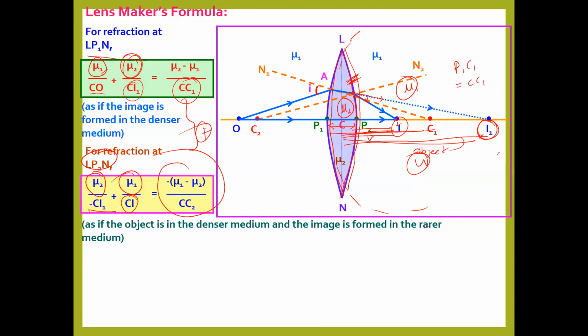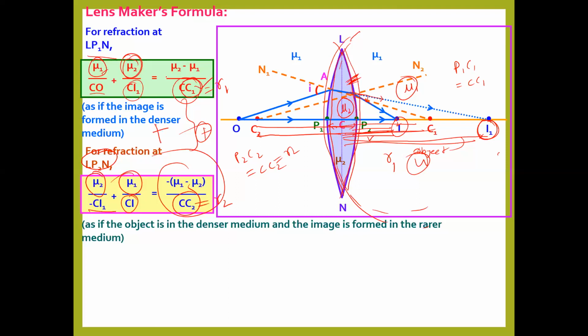That is why this is CC1. And again, for that surface, the radius of curvature is this P2C2, which we can consider as CC2. So for the first surface, the radius of curvature is CC1, or we can say this is R1. And for the second surface, this is R2.